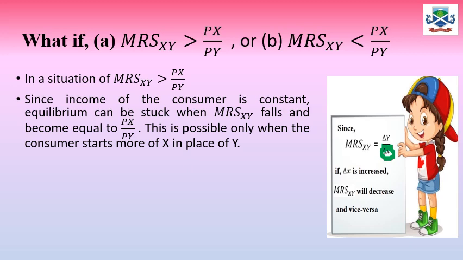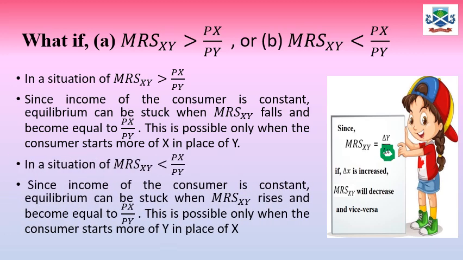Now the second part: if MRSXY is less than Px by Py, you will find the same logic. His budget is constant, and he will reach equilibrium only when he is consuming more of Y in place of X. He is consuming more of Y, so the numerator becomes greater and the ratio becomes higher.